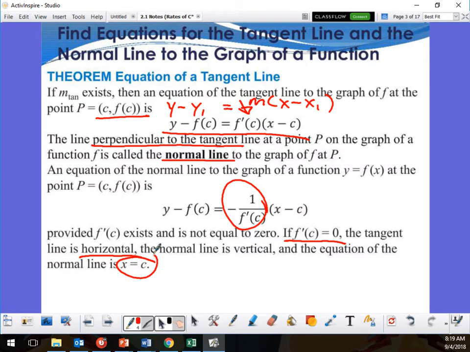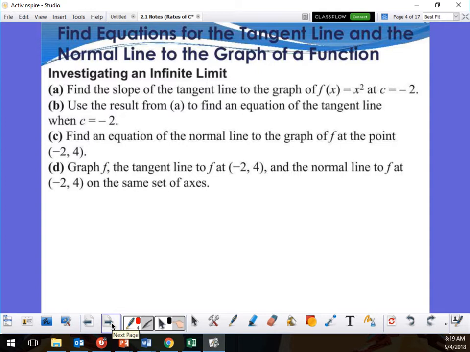Remember the vertical line test? The slope is undefined, so it would be 1 over 0. It's rising, but it has no left or right. So we get an equation like x is equal to c. It's not a y equals function, it's an x equals c.